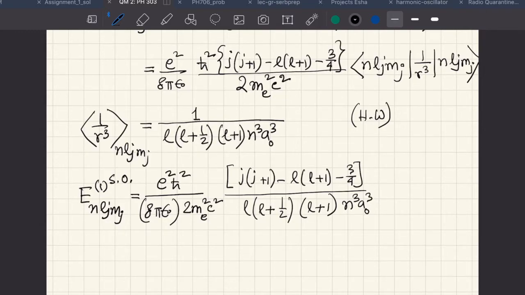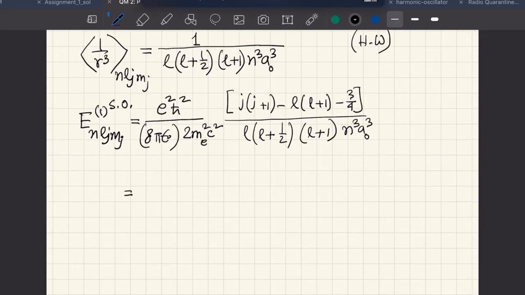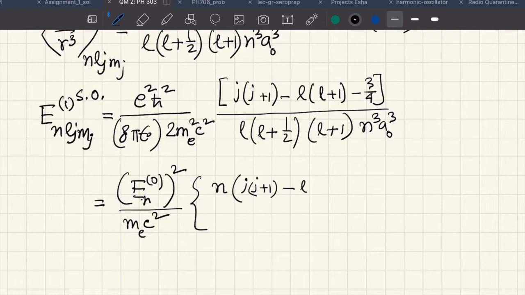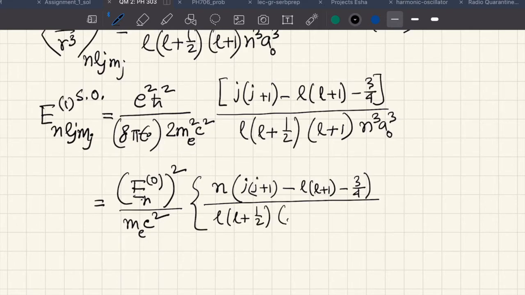In fact, now if we write everything using En0, the unperturbed energy, this is going to give us En0 whole square divided by m e c squared, times j into j plus 1 minus l into l plus 1 minus 3/4, divided by l into l plus half into l plus 1.